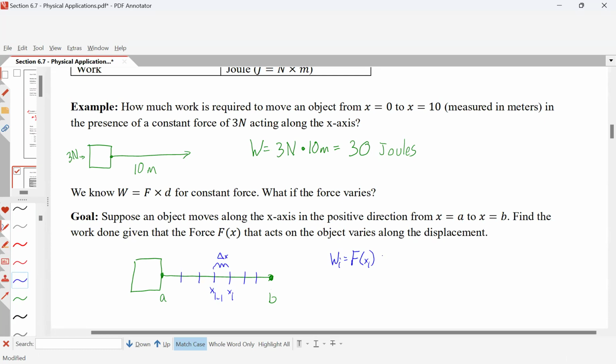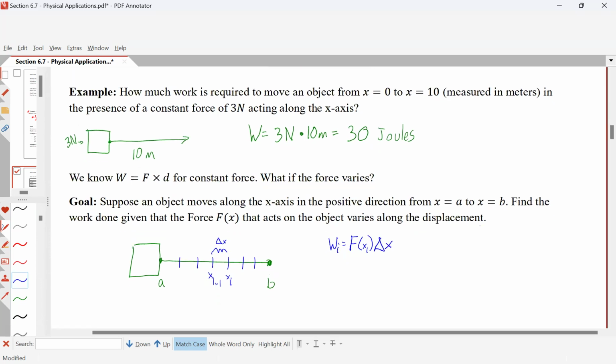And the distance is that tiny little interval, delta x. Similar integral setup as always. Now we have all these little intervals, each the force on that interval times the interval, each estimating a little bit of work. We add all those little estimations up, and we take the limit.